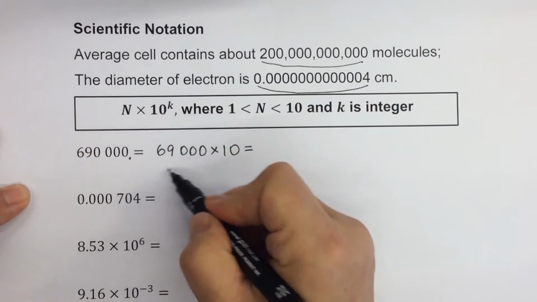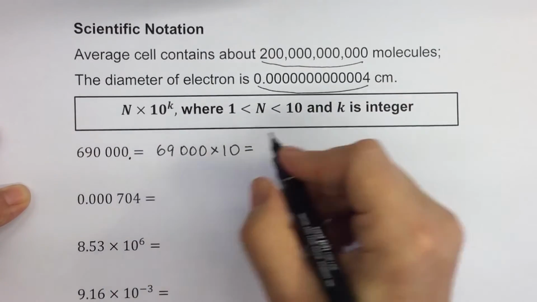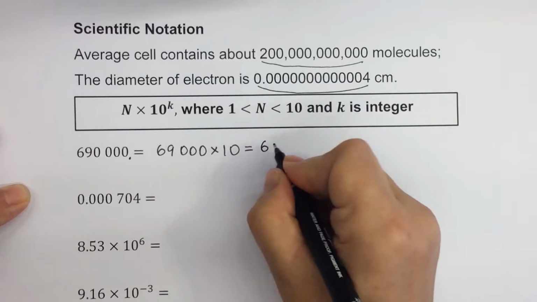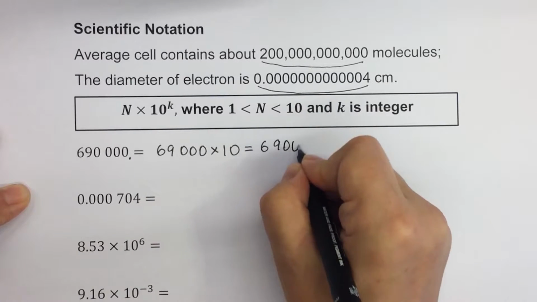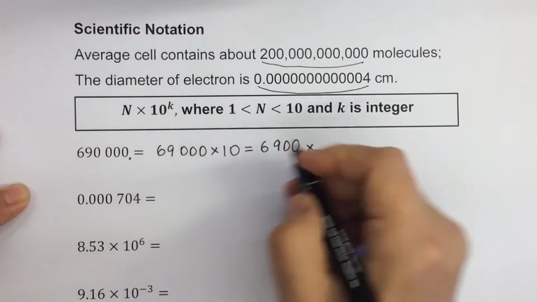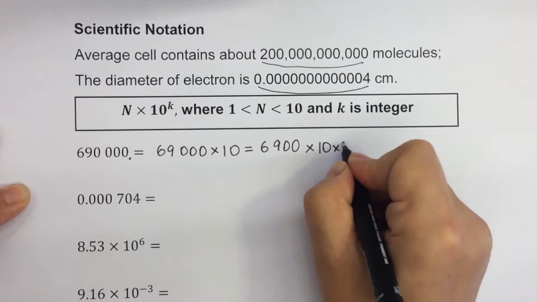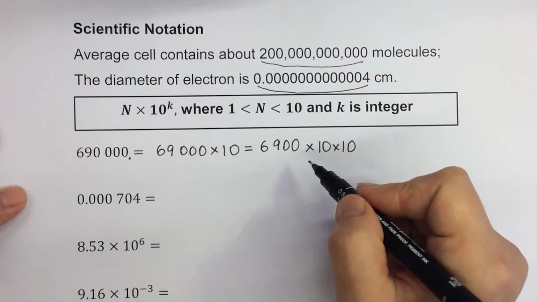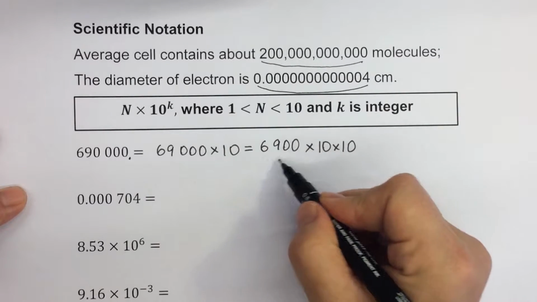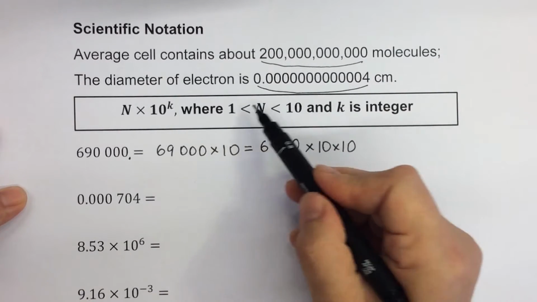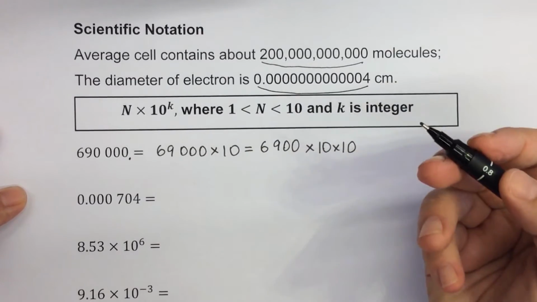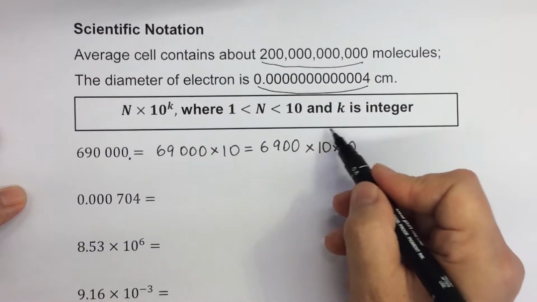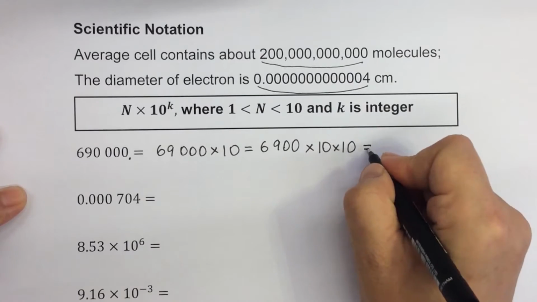So let's make this smaller. So we'll have 6,900 times 10 times 10. And we continue this process till this number becomes within the range 1 and 10. So basically for every 0, we have a power of 10.